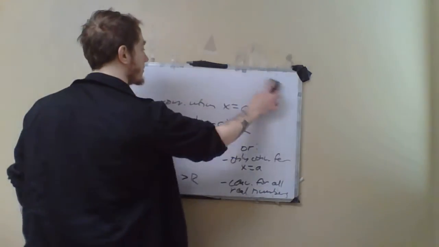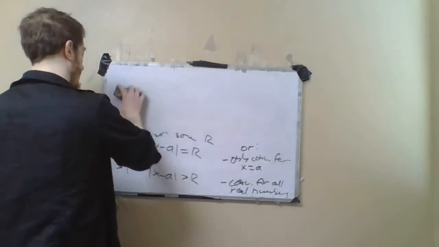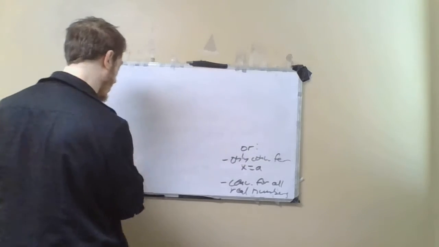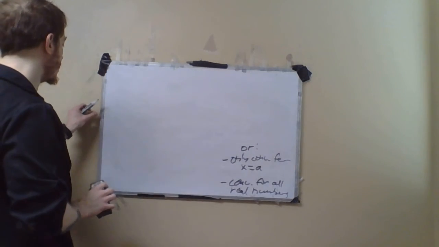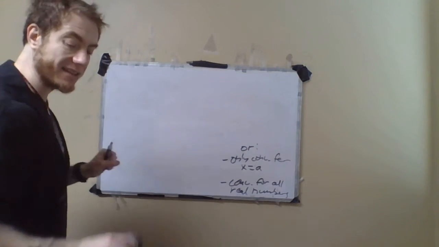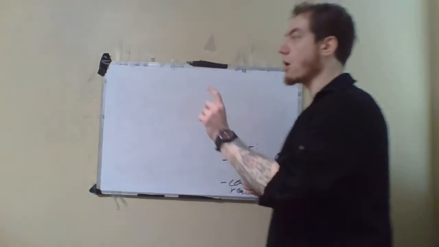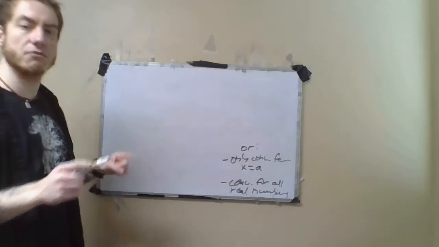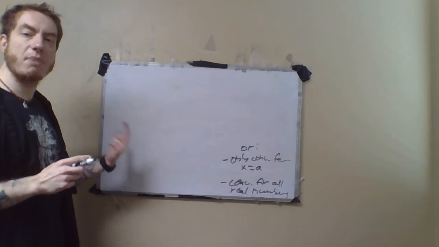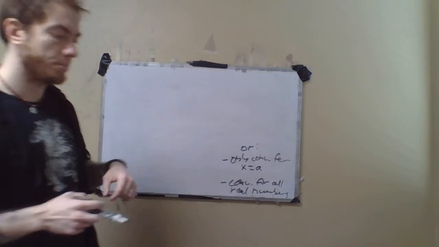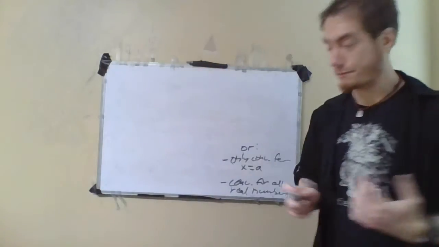An example of this sort of thing, I'm not going to work this out in detail, but if you look at the geometric series, you'll see that that's exactly what happens. It converges when you are between -1 and +1. And you can think of this as a power series with a equal to 0.